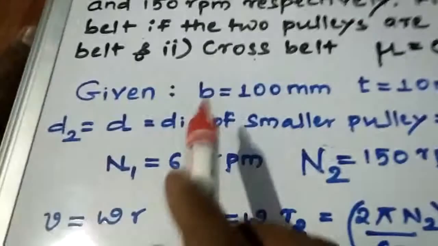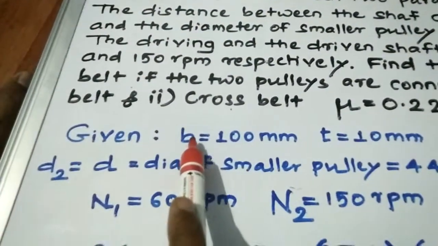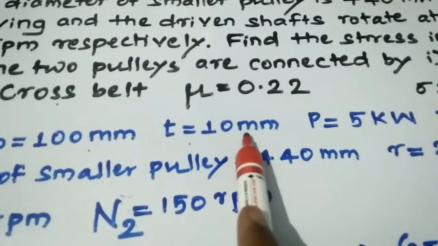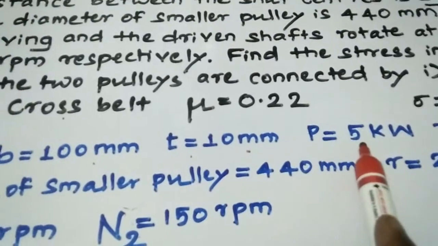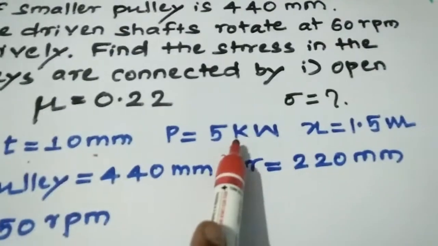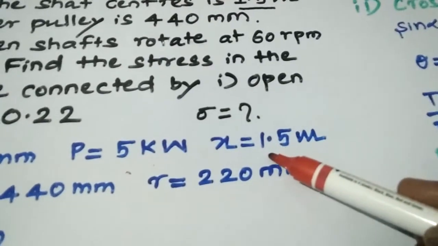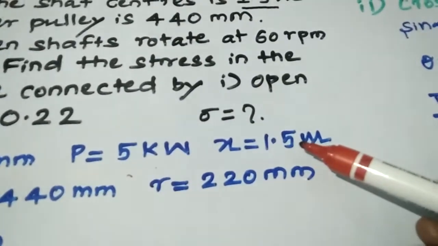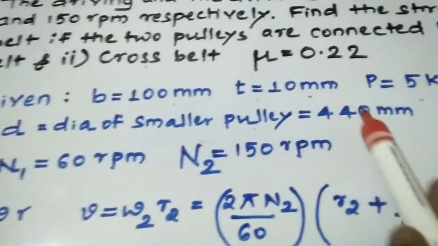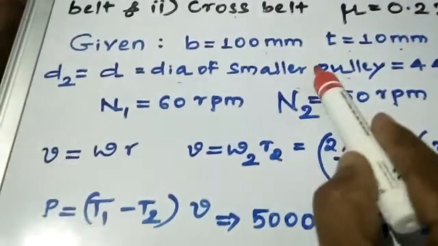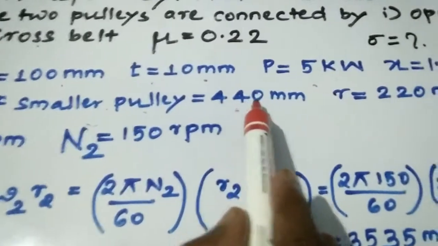Then I will explain what is given. B is the width of the belt, given as 100 mm. T is the thickness, given as 10 mm. P is the power transmitted, given as 5 kilowatt. The distance between the centers is given as 1.5 meter. The diameter of the smaller pulley is given as 440.